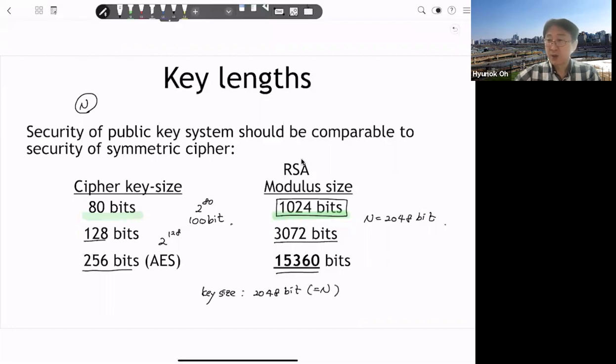But actually, for the public key, what's the key size? E comma n, that's the public key, right? So n is 2048 bits, and E is like 16 bits, because E is 2 to the 16 plus 1.